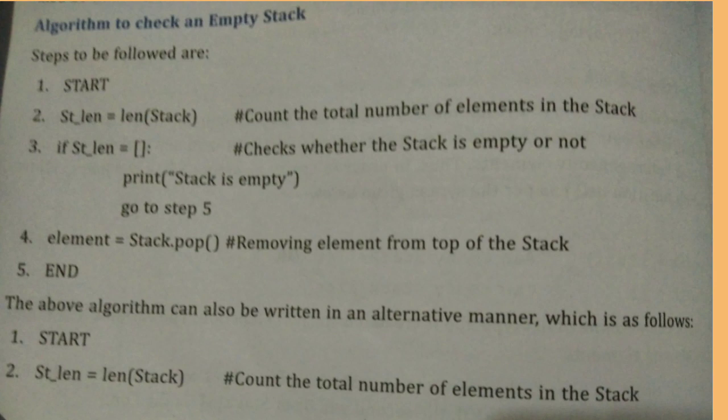These are the 5 steps, or algorithm, to check an empty stack. On pages 6.4 and 6.5, 2 alternative algorithms are given for checking an empty stack. You can study any one algorithm.